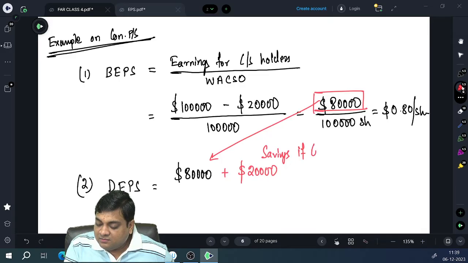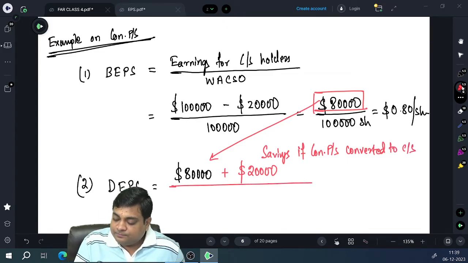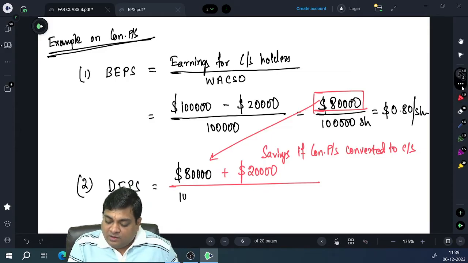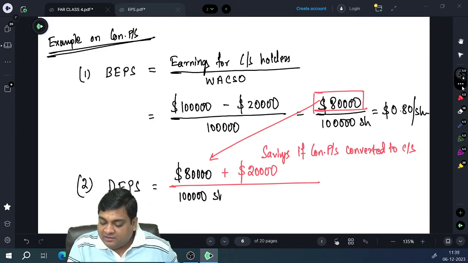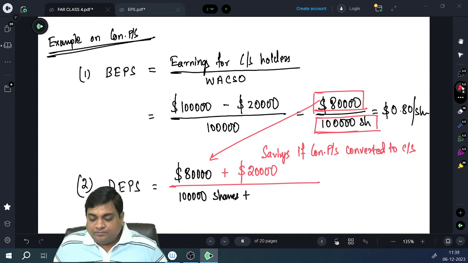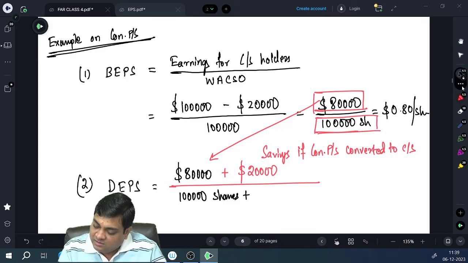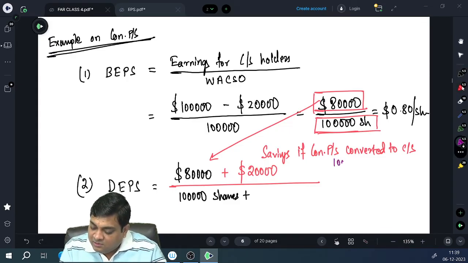If convertible preferred stock is converted to common stock, the denominator is already 1 lakh shares, plus we have 10,000 preferred stock.